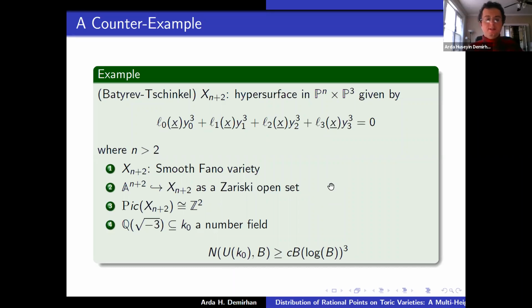So that means Manin's conjecture fails. And one nice thing is it is not a single example, it is in fact a family of examples.